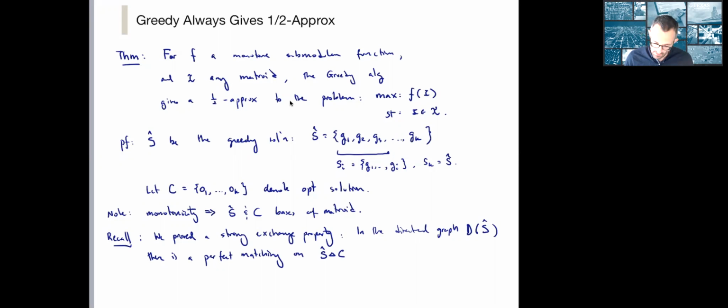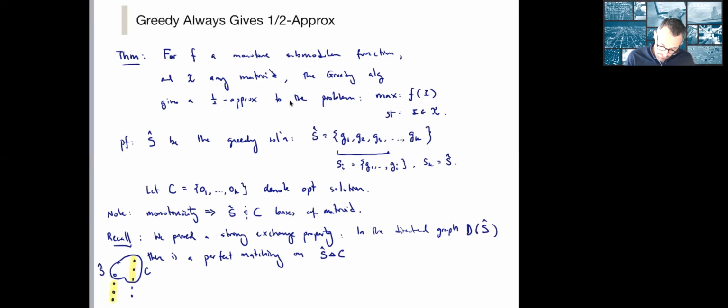So let me draw this picture to remind you of what we had said. This is my basis S hat, and then I have some other basis. Possibly it has some overlap. We know that it has the same number of elements. So let's suppose it has overlap 1. So this is my other basis C. Then the symmetric difference is going to be these 6 elements.